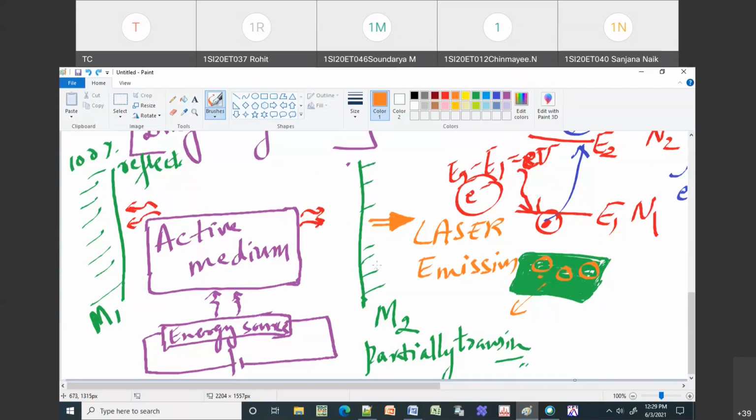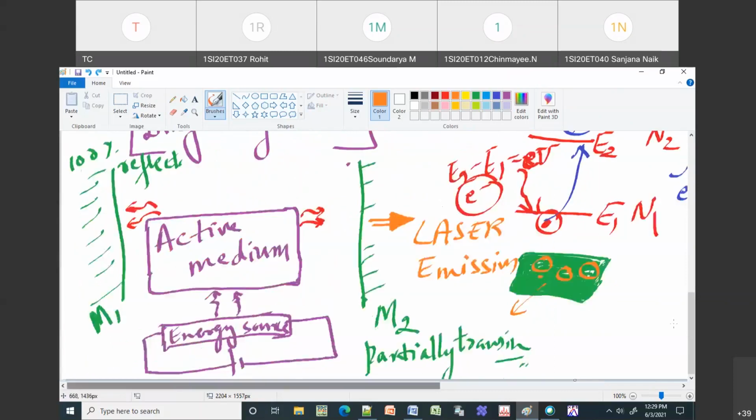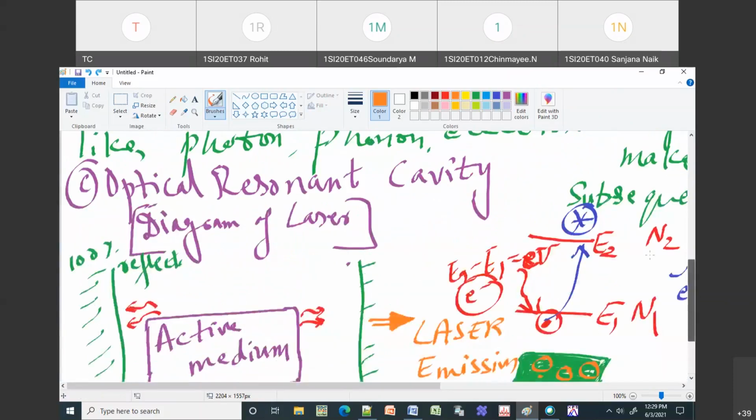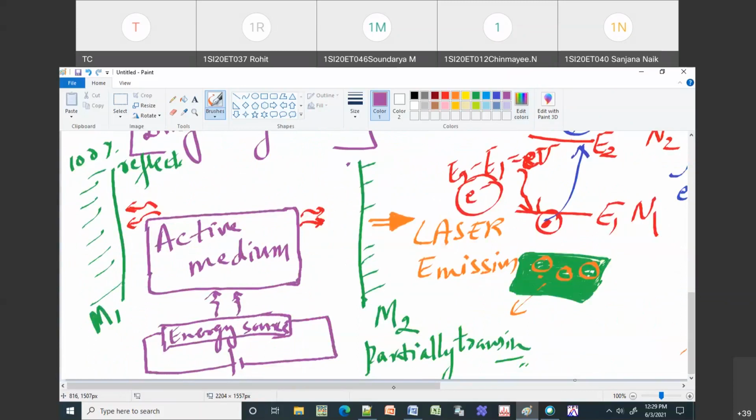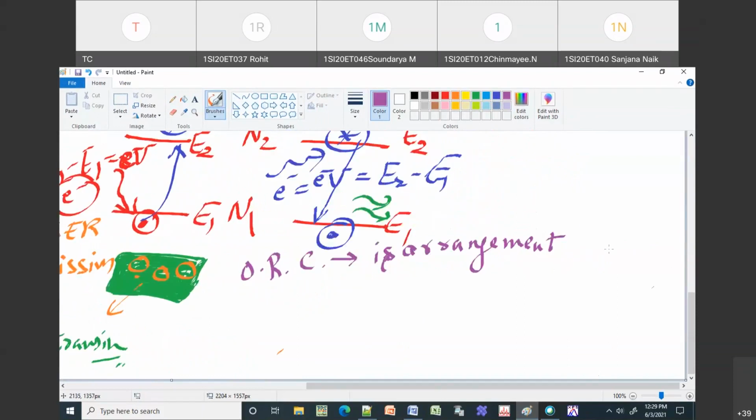Okay, so optical resonant cavity is an arrangement of, so I will use the same color. What color I used? Okay, so optical resonant cavity, I will write it in short as ORC. Okay, ORC means optical resonant cavity is an arrangement of two mirrors.